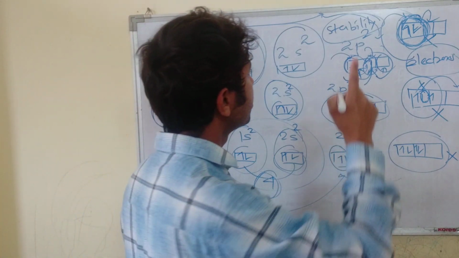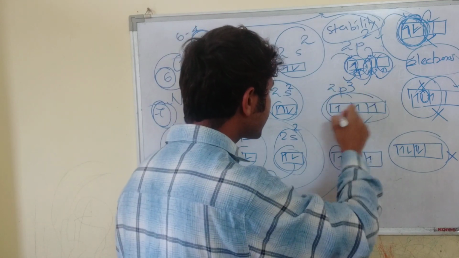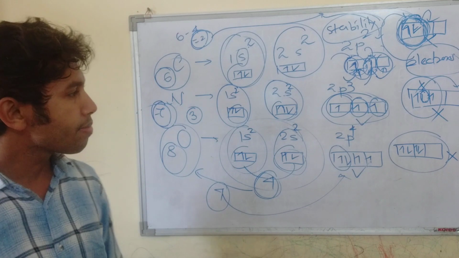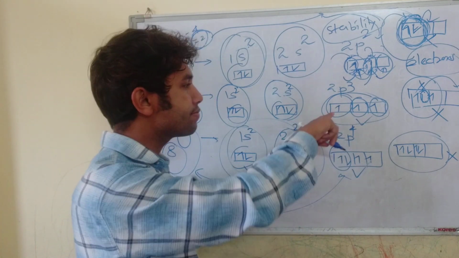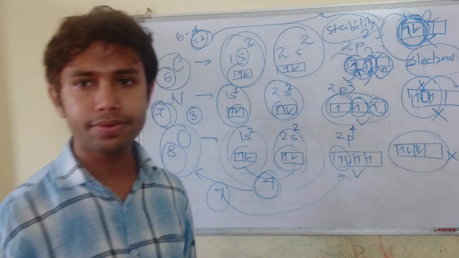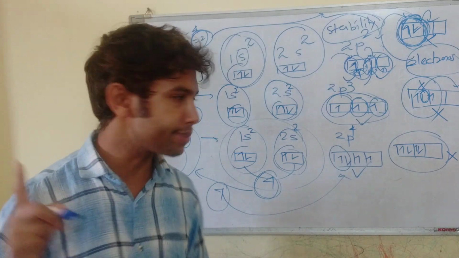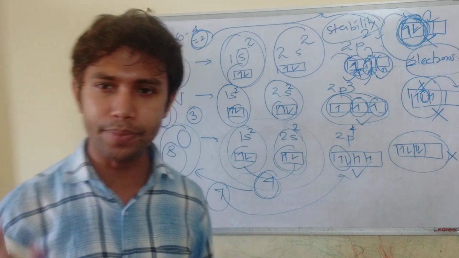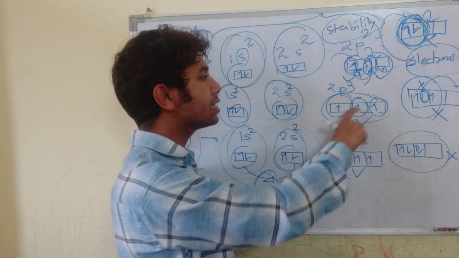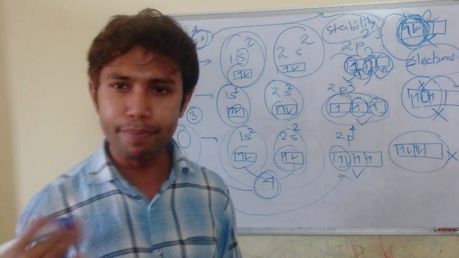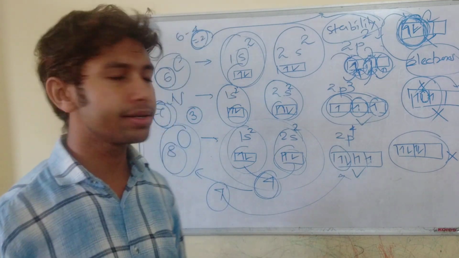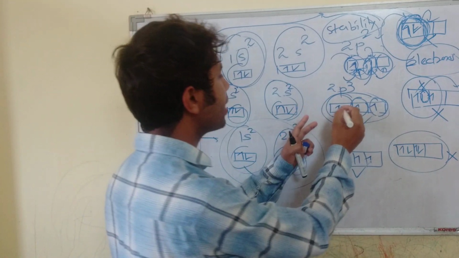Now, when we fill up different orbitals with electrons of parallel spin, what happens? They will move as far apart as possible. So repulsion can be minimized when we put them far apart.